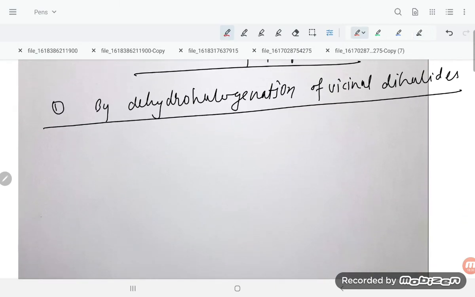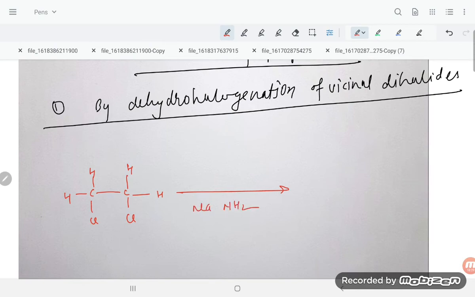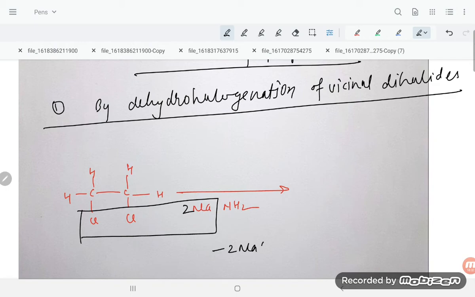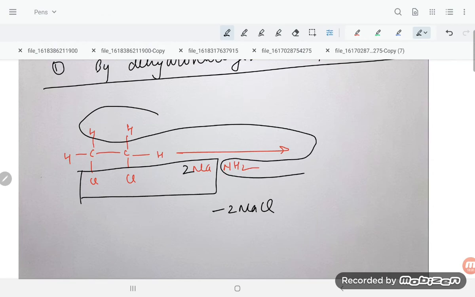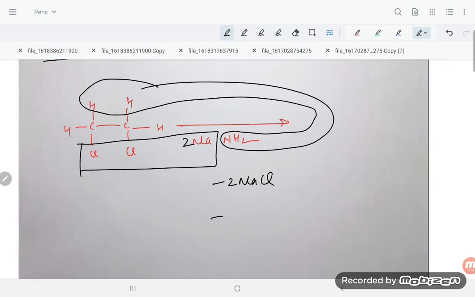So how can you understand vicinal dihalide? Here, if you see, this is the hydrocarbon, dear students. Here is Cl, here is Cl, and the rest of the places are hydrogen. You are treating with NaNH2. If you take 2 of it, minus 2 NaCl, and this NH2 is going out, so minus 2 NH3.